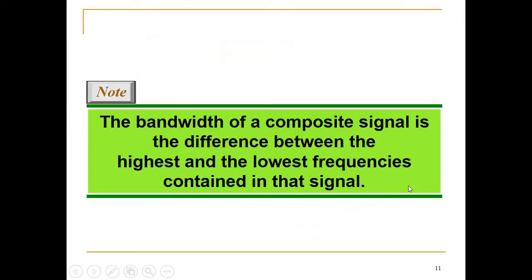Okay, bandwidth of a composite signal is the difference between the highest and the lowest frequency contained within that particular signal.